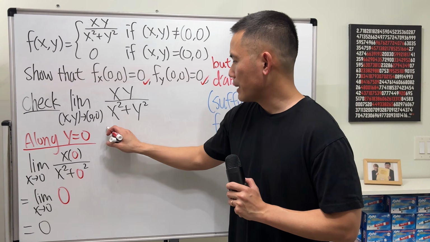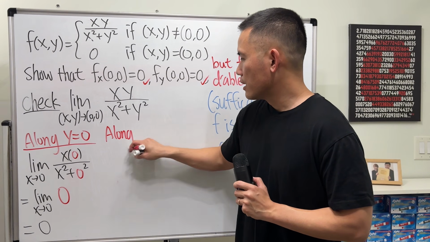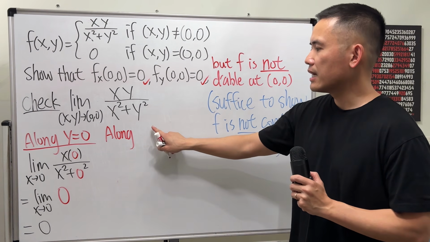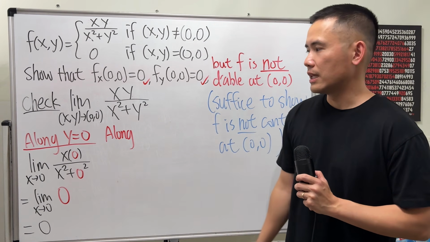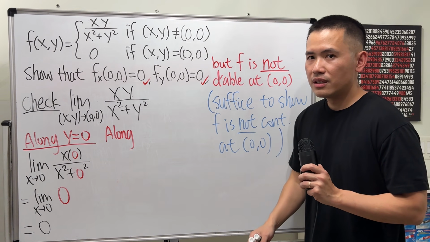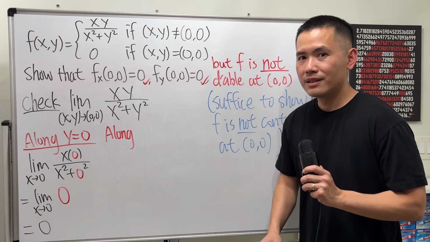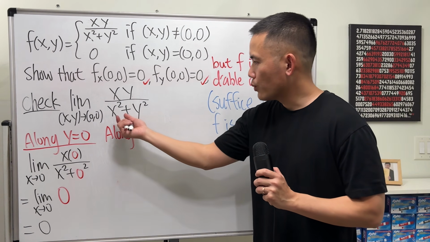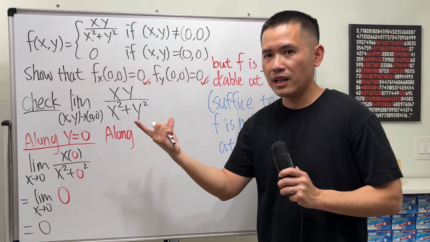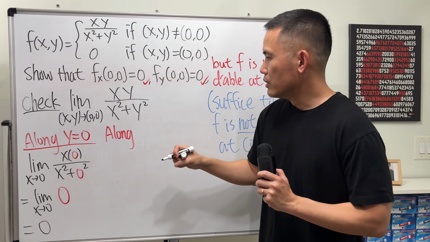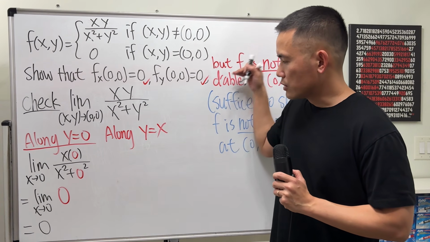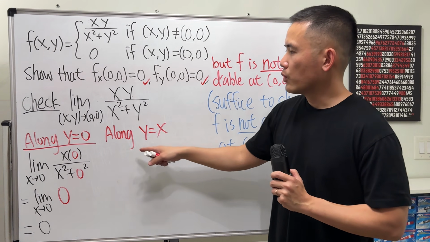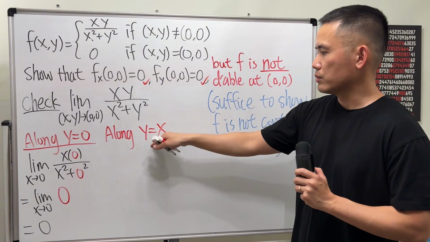Okay, we need another path. This one, we cannot use x equal to 0 because we will have the same result. We don't want that. We want a different result. So what do we put? Here, I want the bottom to be the same so that they can be combined. So how about we do along y equal to x. So it's just a diagonal. And as (x, y) approaches (0, 0), it works.